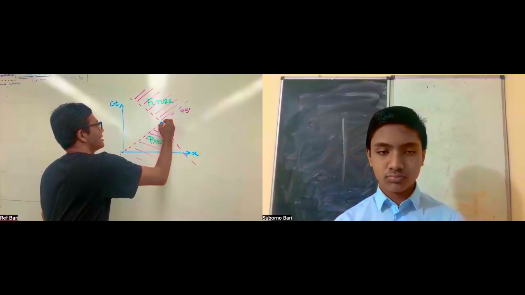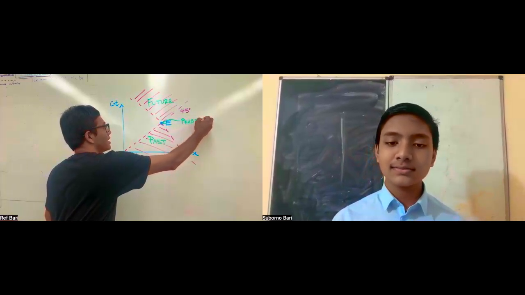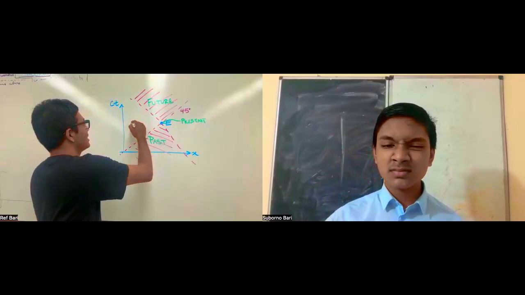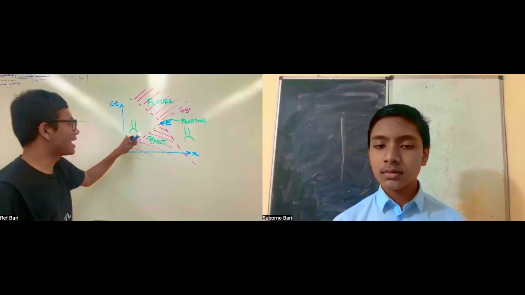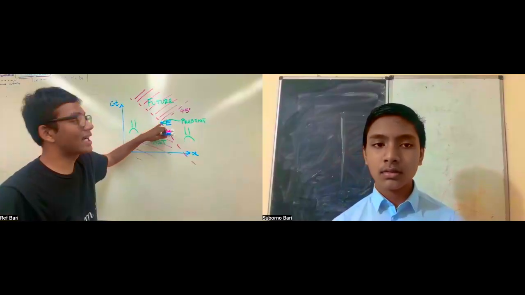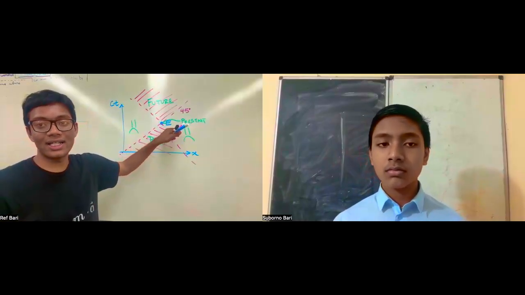And this is the present moment. And anything outside is sad, because anything outside of the light cone cannot affect it. It has no causal connection with this event at E.